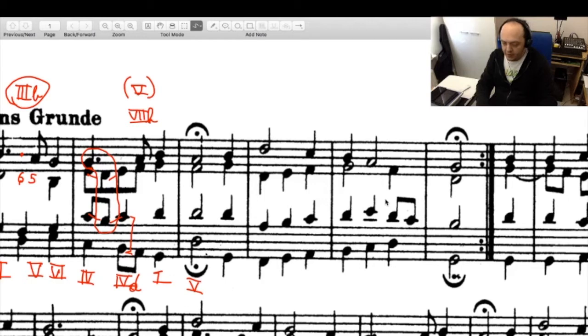Now I have lovely parallel tenths between bass and tenor. Look what happens between tenor and alto. It's parallel fourths, which is okay.